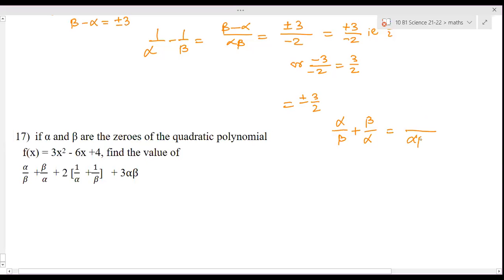And now the numerator will be alpha square plus beta square. So how to simplify alpha square plus beta square? Identity: alpha plus beta the whole square minus 2 into alpha into beta, right? Very good. And alpha beta. Now substitute the values.